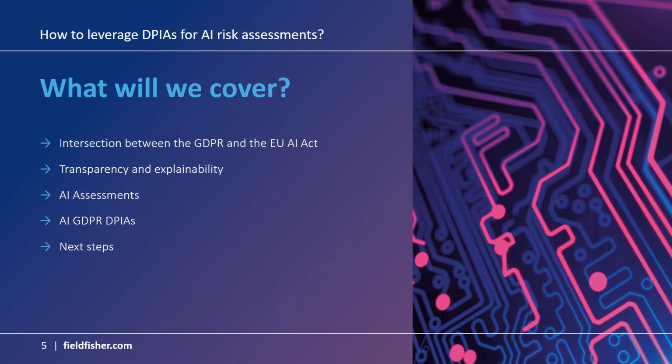We'll also talk a little bit about transparency and explainability, which are concepts that feature very largely within the EU AI Act, and obviously transparency is a key principle also of the GDPR. We'll talk specifically about AI assessments and what is required under the EU AI Act, and then we'll look at GDPR DPIAs and what needs to be considered when conducting a DPIA in respect of an AI system or model.